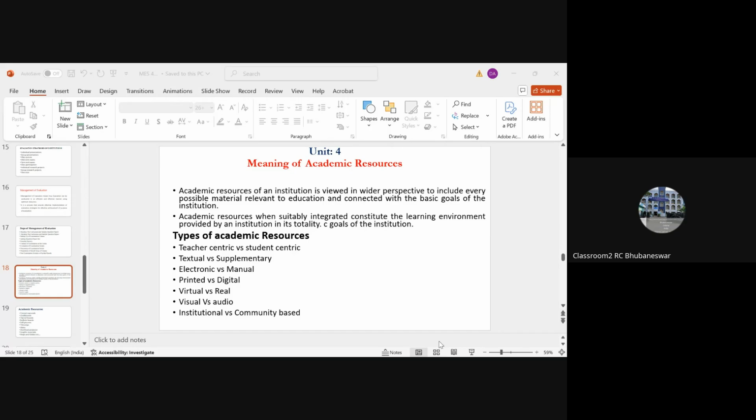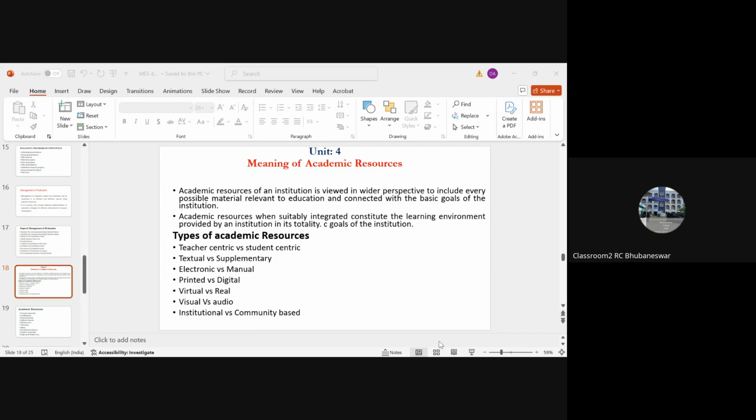Okay. So resource related to academic activities is known as academic resource. In any academic organization, in any educational institution, it may be school education, higher education, technical education, professional or management education, any type of educational institution must require certain resources as per its curriculum, as per its practicum, as per its transaction, as per its requirement.